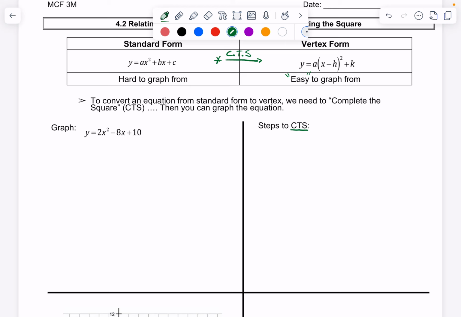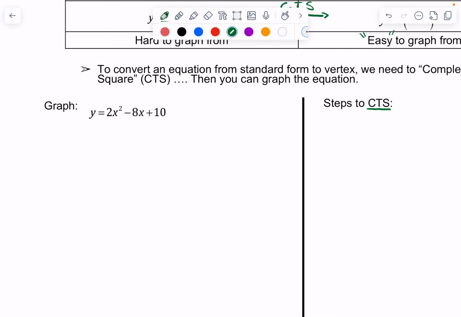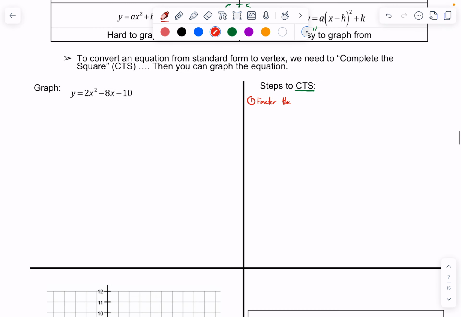So if I give you something in standard form and I want this to go into vertex form, the first step to completing the square is you need to factor the a value out of the first two terms.